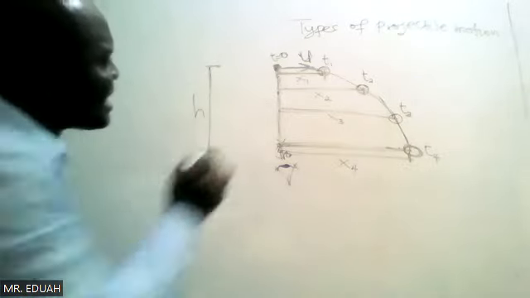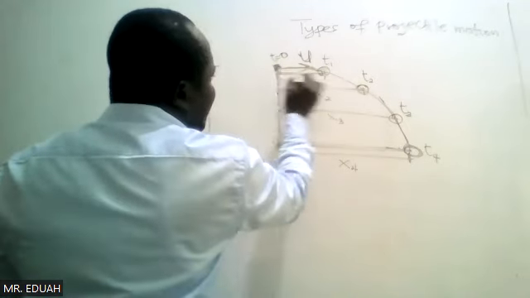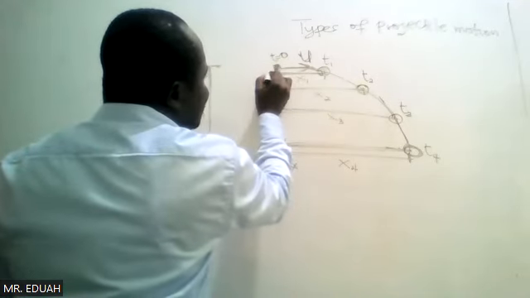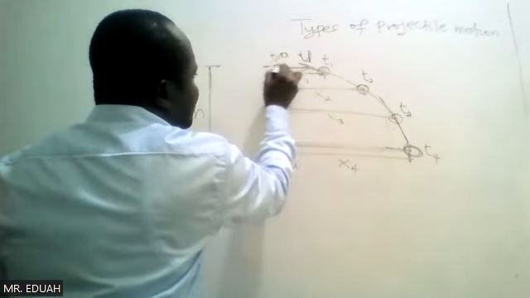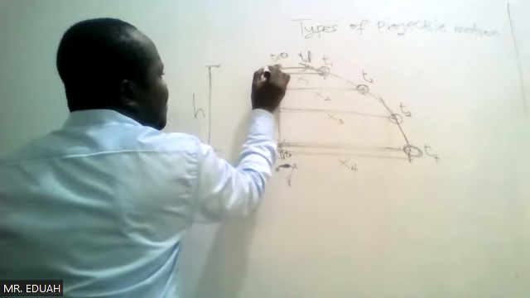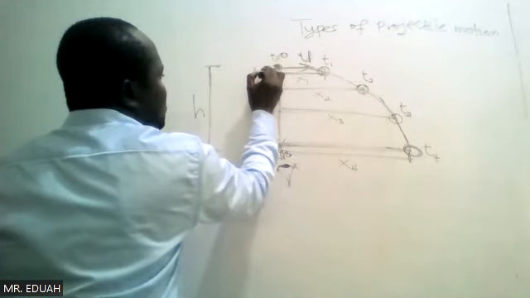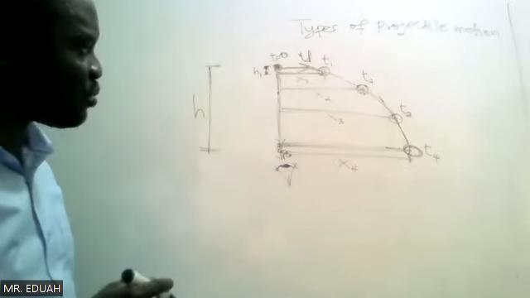After the body moves from here and gets here, we also see that it is displaced a little bit from its initial position by this amount. It is very, very small, h1, per our drawing.